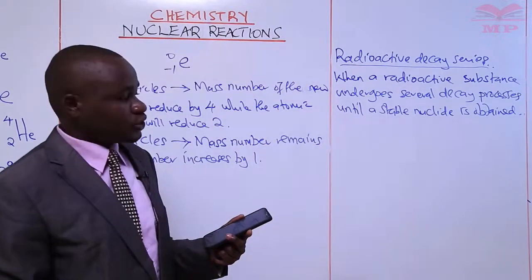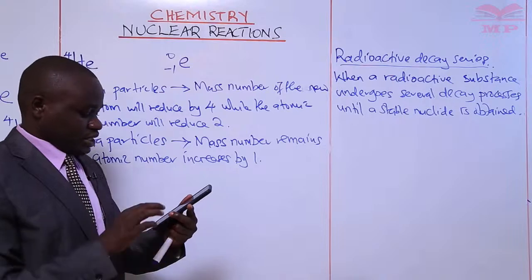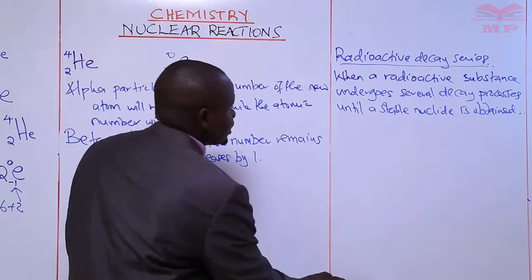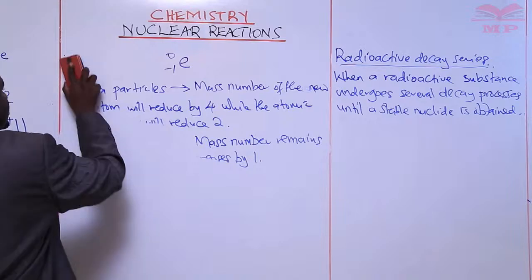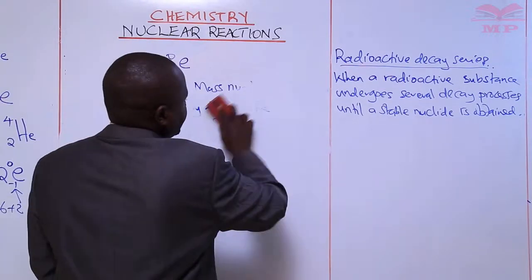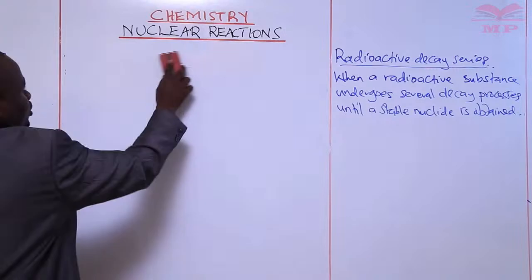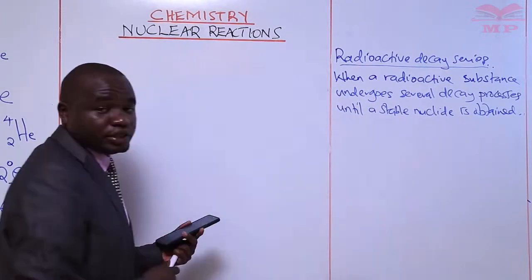So I want us to consider this radioactive decay series here. We want to consider this so that we are able to identify the particles which are emitted in every step.